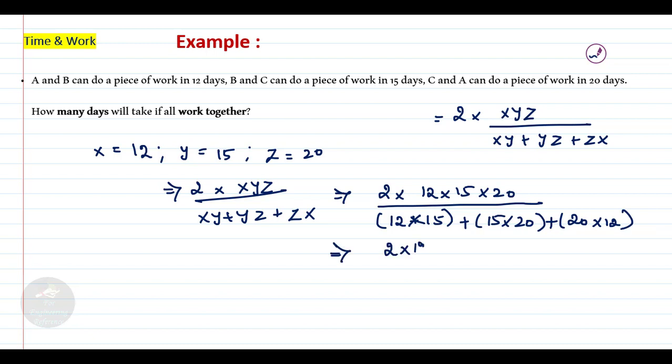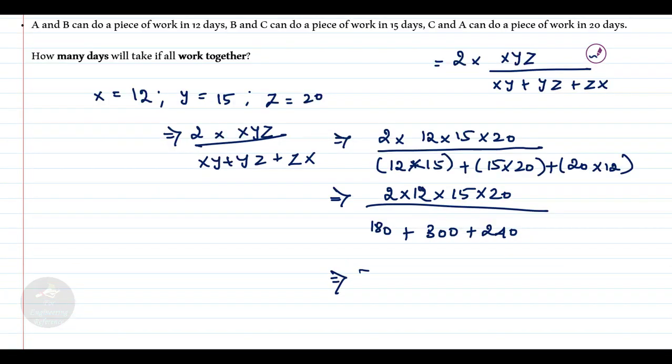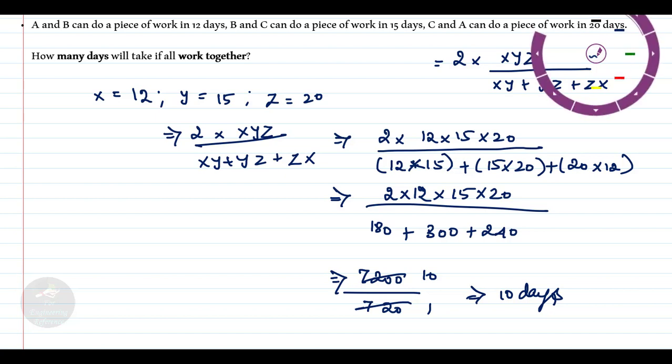Okay, 12 into 15 is 180, plus 15 into 20, it's 300, plus 20 into 12, it's 240. 7200 divided by 720, one time 10 times. So if all work together, they can complete the work in 10 days.